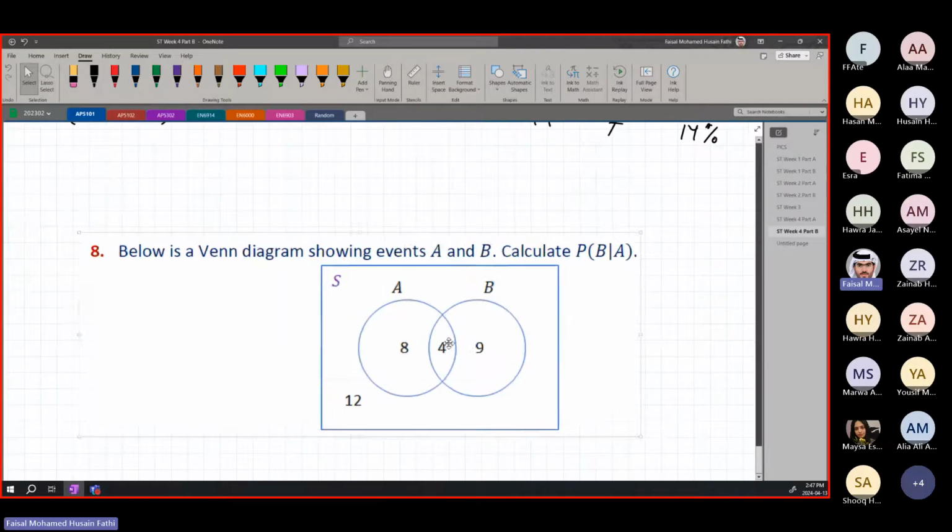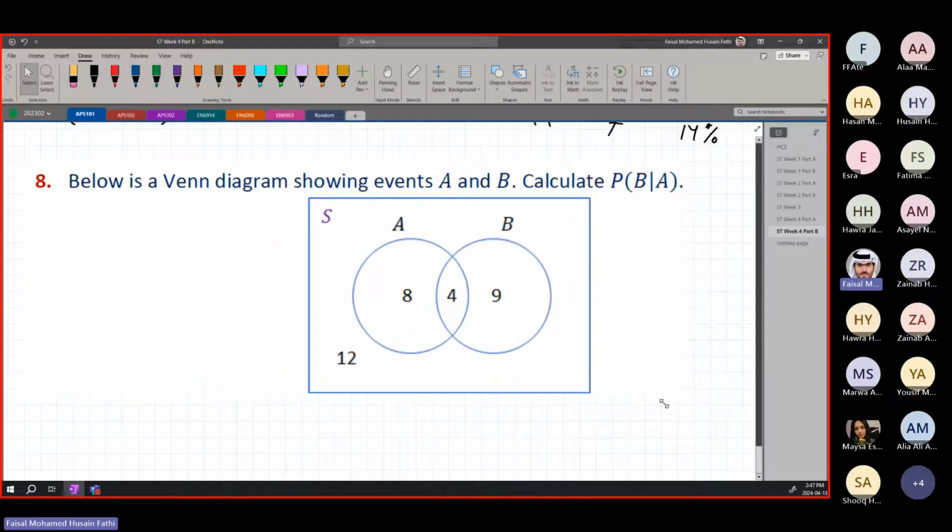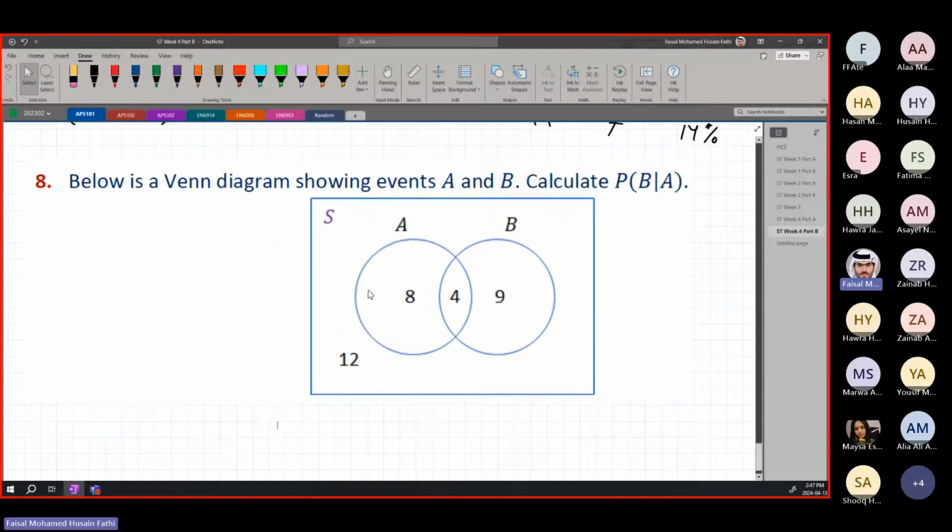If you remember Venn diagrams from before, this is the set A, this is the set B, and this is the outside of the sets, the entire sample space. So if we're looking at n of S, we just add up all the numbers inside.